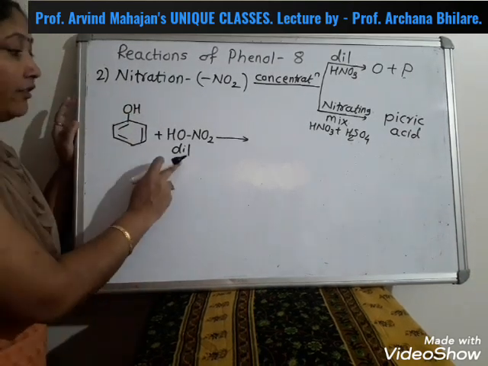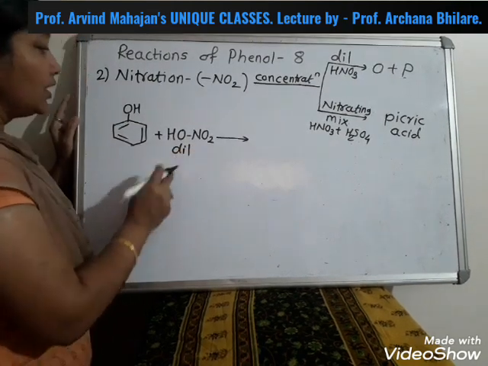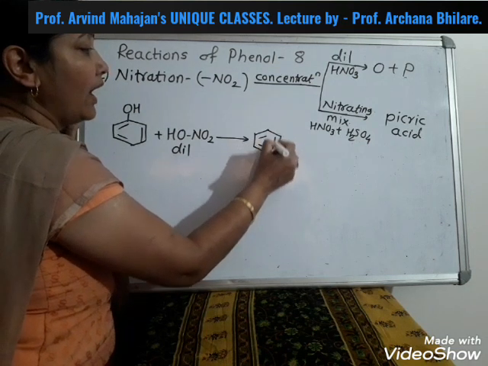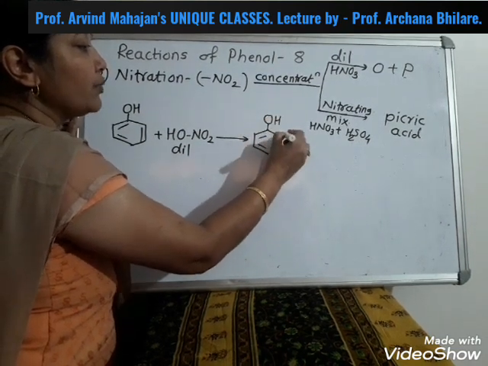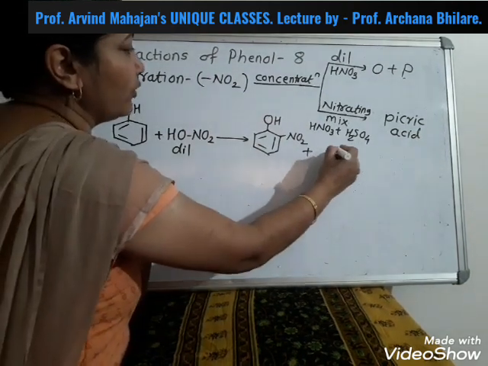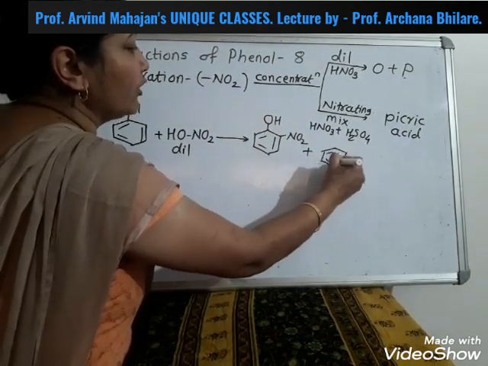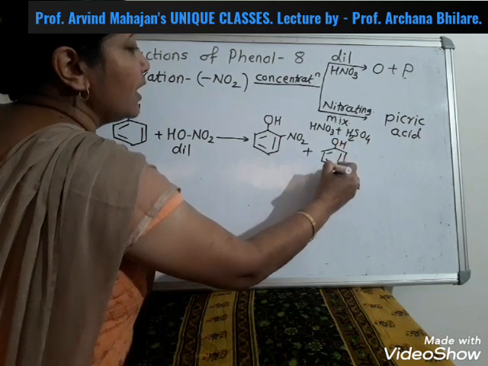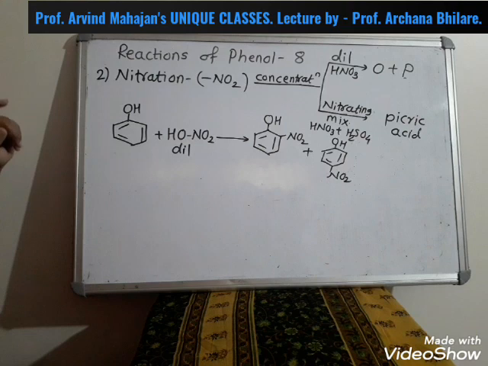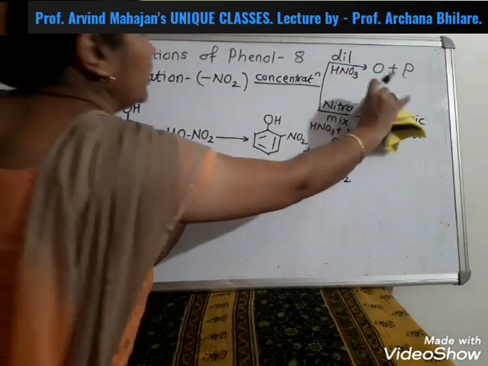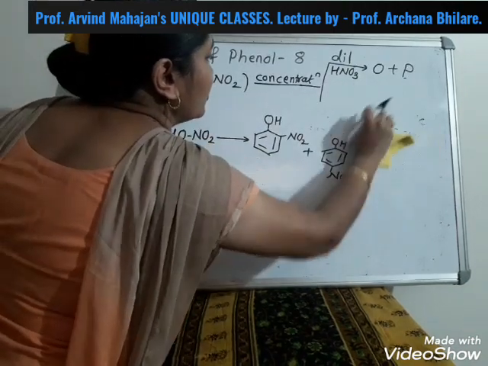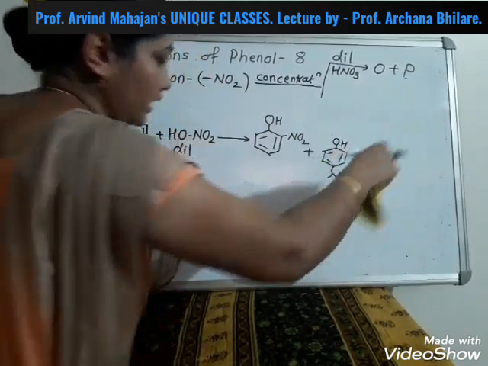Now see, if mild condition is used, then we get ortho and para substituted product. Orthonitrophenol, and another product formed is para-nitrophenol. Okay, so orthonitrophenol, I will write it a little up so it will be visible to you more clearly.